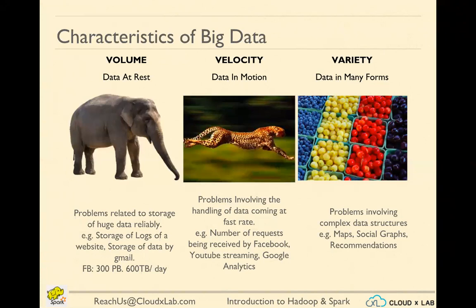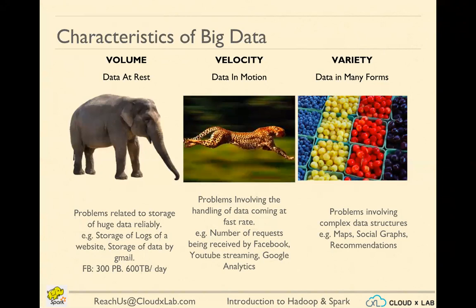Everybody is embedding Google Analytics on their website. So these are examples of velocity. When the velocity becomes really high, meaning either too many requests or we need to transfer too huge data in too little time, then we can't really use one single system. We would require a distributed system to provide high velocity. And this is called data in motion.